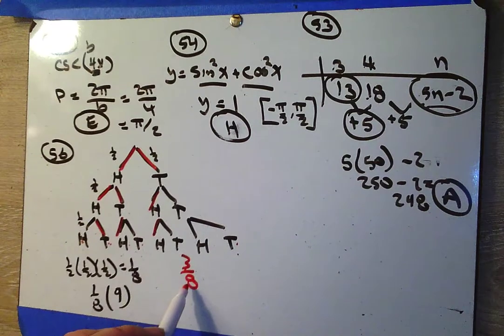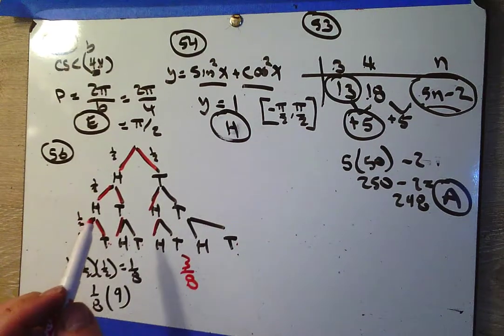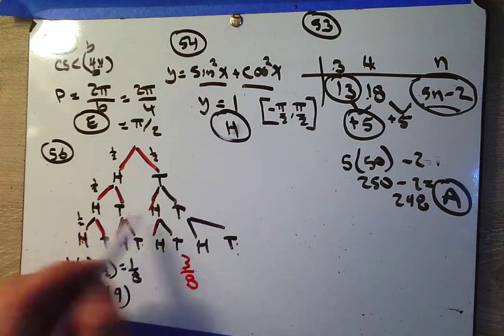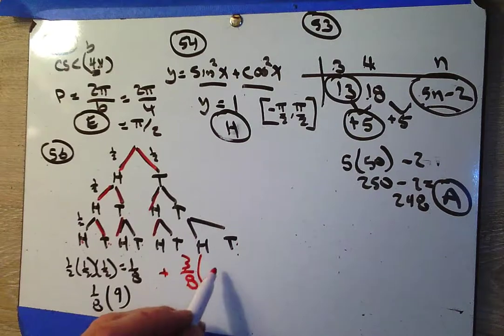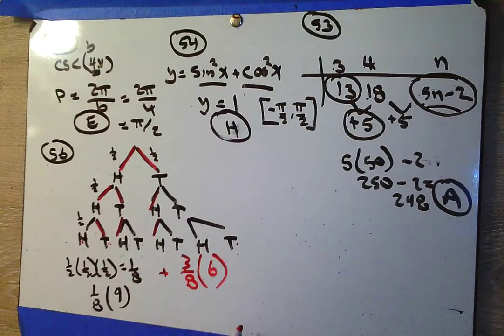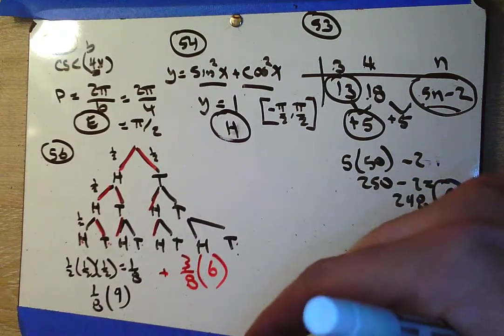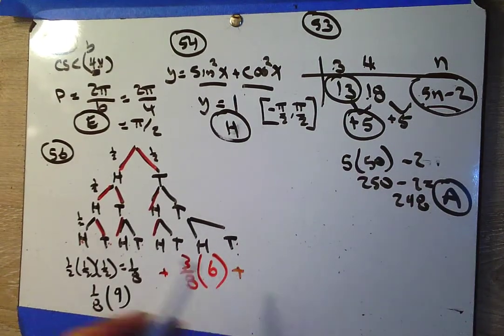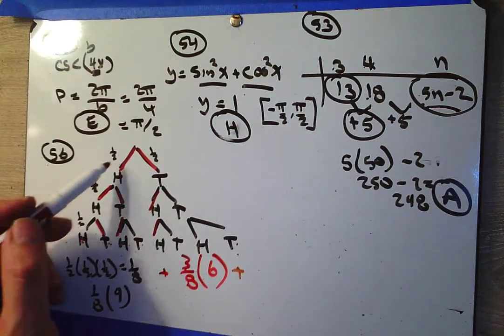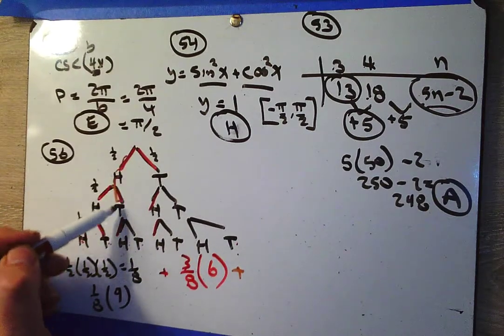3 of the paths out of the total of 8 give me 2 heads times 3, 6 points each. And then we've got 1 head. Well, how many paths have 1 head? There's head, tail, tail.